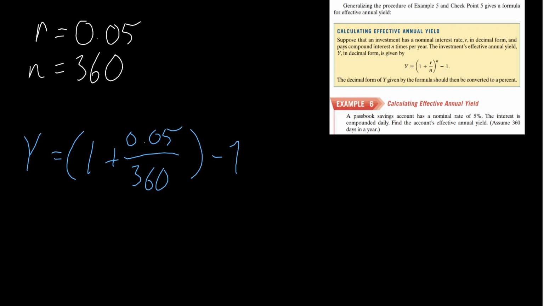Okay. So doing the arithmetic here, it's going to get a little dicey, I think. So 1 plus 0.05. Oh yeah, there's an N in there. Sorry about that. Thank you. Plus 0.05.